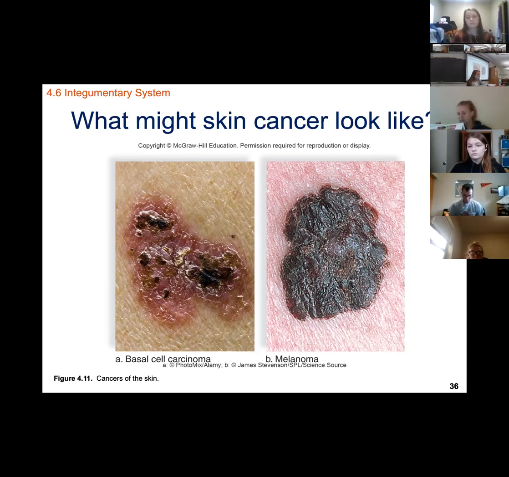So this is a basal cell sarcoma. Right here, as you can tell, it has a little bit of discoloration. You can see some red, some greenish brown, some yellow, and it has a weird shape. Then you have that melanoma. This maybe started out a different color, and then it became this darker reddish brown color. When in doubt, get it checked out.